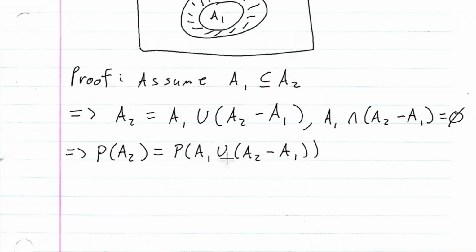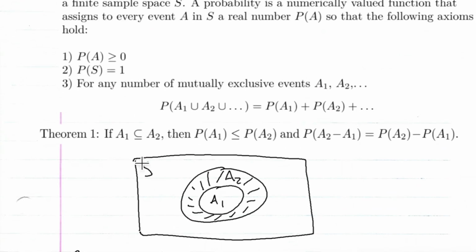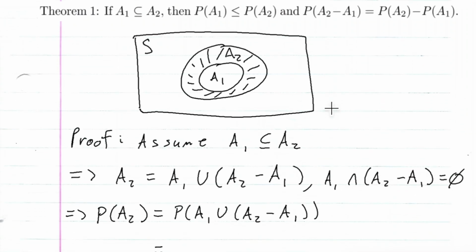And now, since I know that A sub 1 and A sub 2 minus A sub 1 are mutually exclusive, by, what was that axiom? By axiom 3, I can just separate them. The probability of their union is just the probability of that set plus the other set.